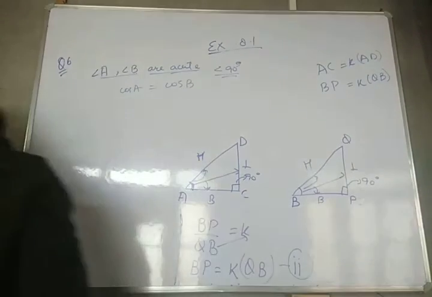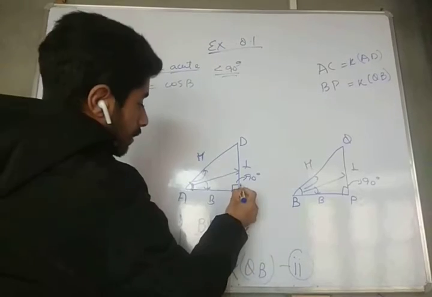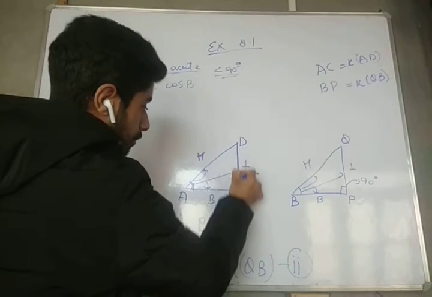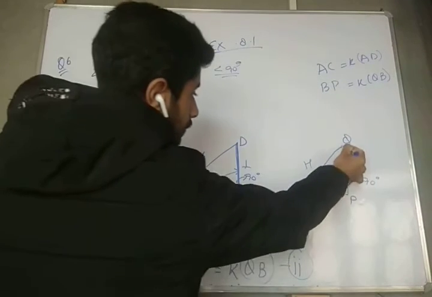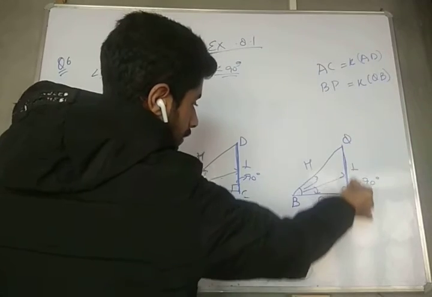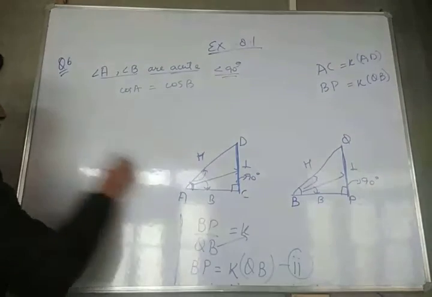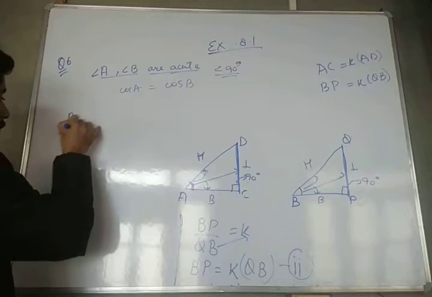Now, this is our hypotenuse. Now, this perpendicular and this perpendicular in this triangle. See, let's first apply Pythagorean theorem to this side.